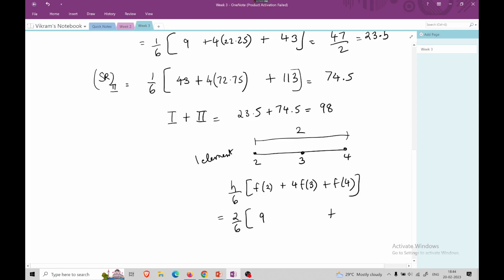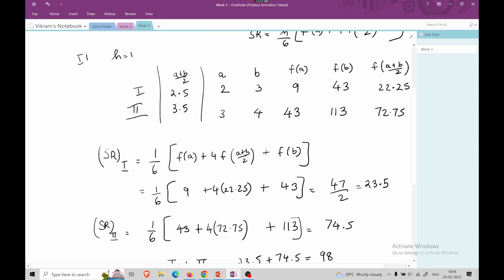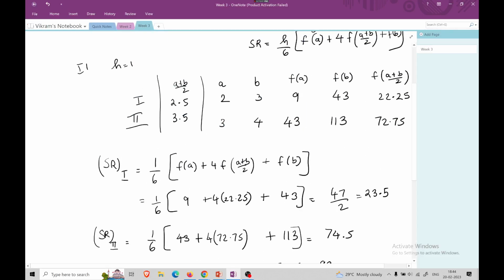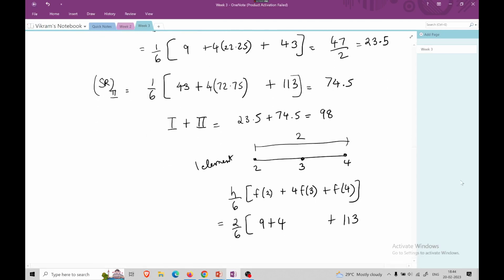My f of 4 was 113. Four times f of 3. What's f of 3? 43. So 2 by 6 is 1 by 3. I'll just add this 43 into 4, which is 172, plus 113 plus 9, 294 by 3. So this is also 98.